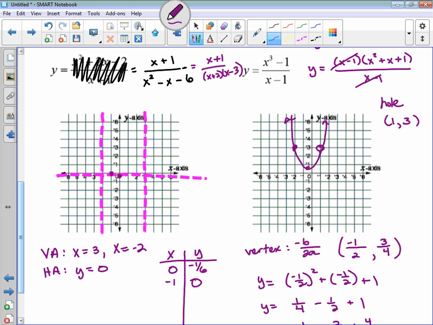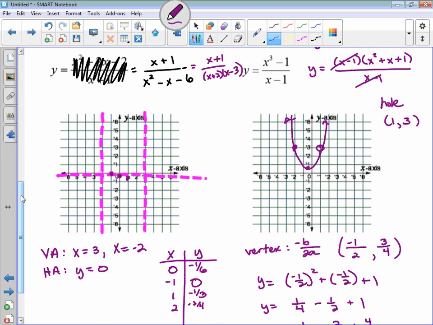So let's plug in at least 1, if not 2 more. Let's plug in 1 for sure, and then maybe also 2. If I plug in a 1 for x, what do I get? Negative 2/6, so negative 1/3. Yeah. Let's go ahead and plug in 2 because those are all pretty close together. If we plug in 2, we get 3 over negative 4, negative 3/4.